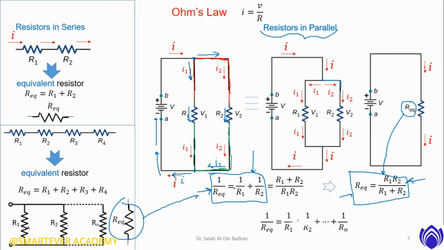This is the general formula for any resistors connected in parallel: 1 over R equivalent equals 1 over R1 plus 1 over R2 plus up to 1 over Rn. You may have 4 or 5 resistors, for example.